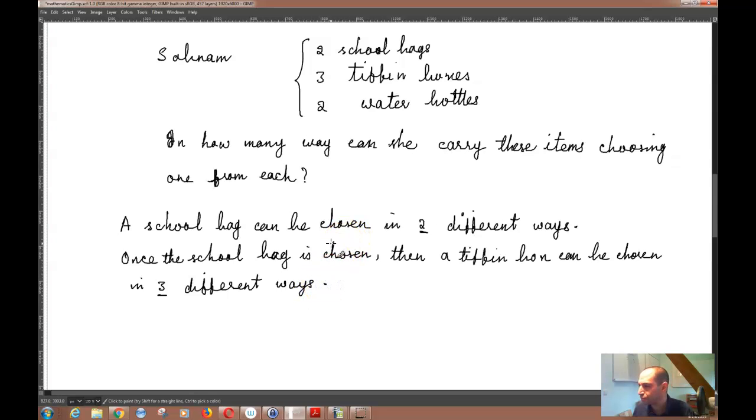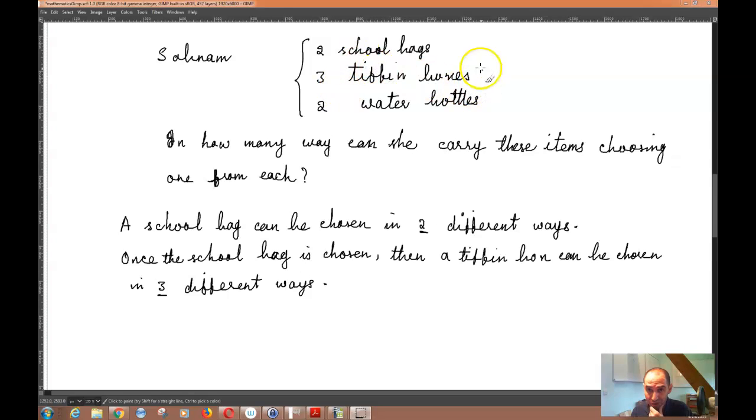Okay, so now a school bag can be chosen in two different ways. We already talked about that. And then once the school bag is chosen, a tiffin box can be chosen in three different ways, because we have three tiffin boxes.